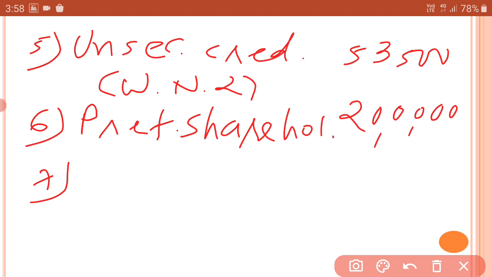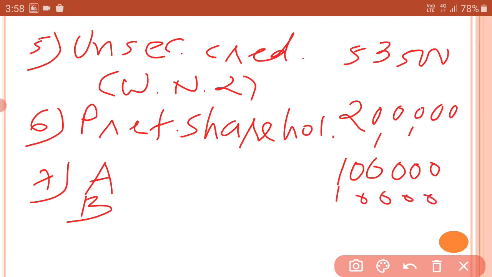So here we write A equity shares 1 lakh, B equity shares 1 lakh as given in the liability, and C equity shares 1,20,000 and 10,000 calls in arrears.